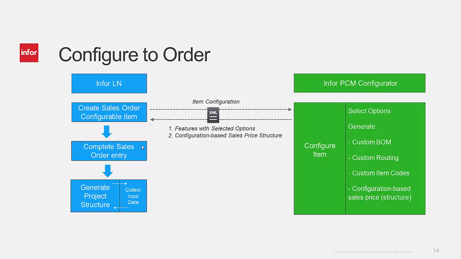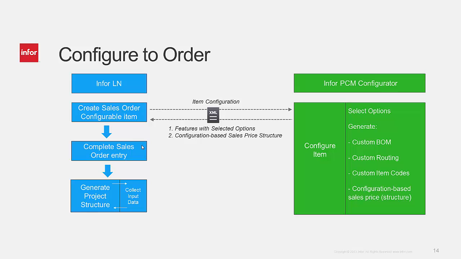Once the sales order has been approved, similar to using PCF, the customer can generate a project structure, which actually means that the structure of the configured item is customized.